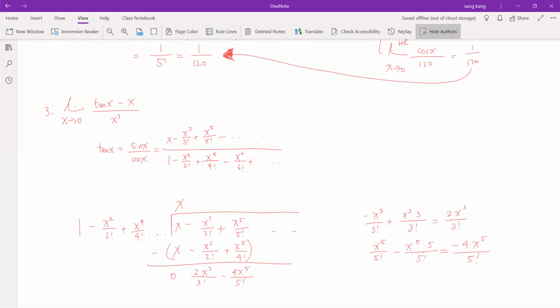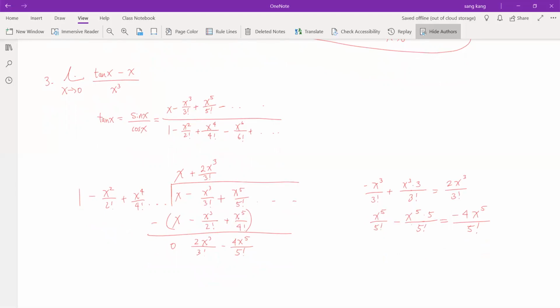And now I see how many times this 1 can go into this term, right? This term here. And that would be plus 2x cubed over 3 factorial, right? So I basically repeat this process now.